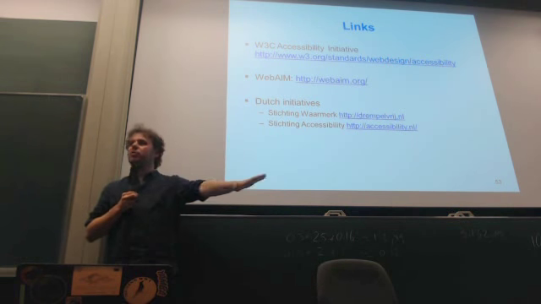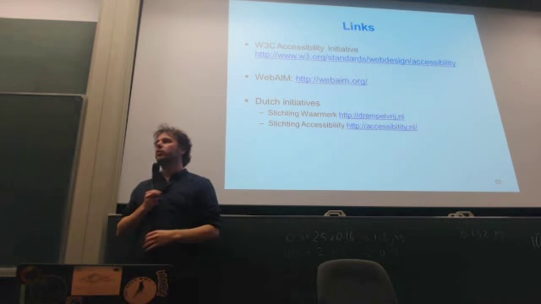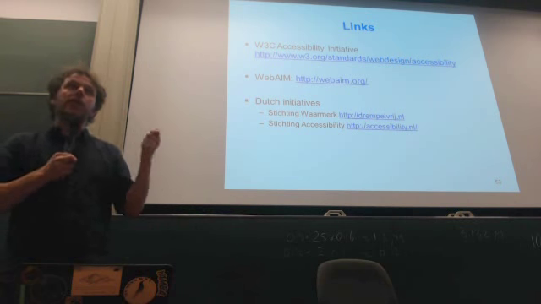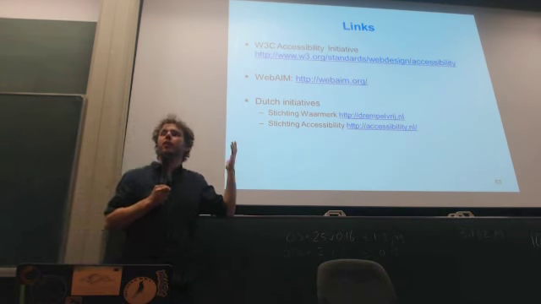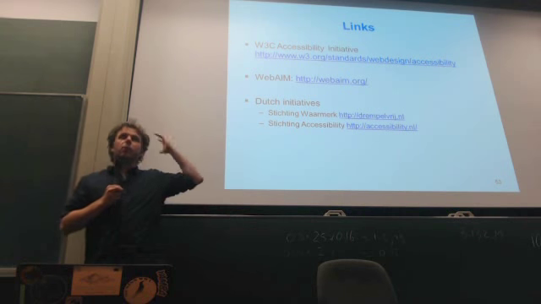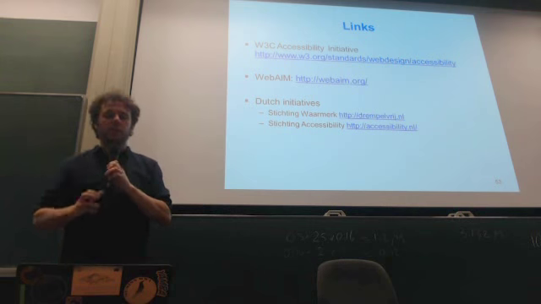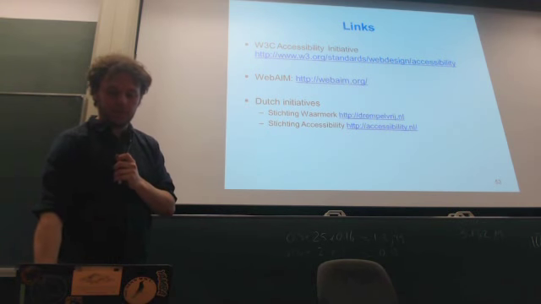Libraries are always the first to install ramps for wheelchairs. And the results are quite horrible. They make a good case: if we don't get it right there, how can we expect the IBM website to be well designed? So that's a good way of looking at it, and at how this type of research is being propagated.